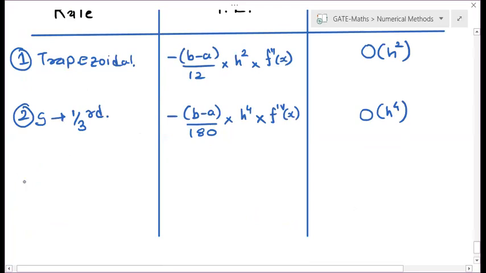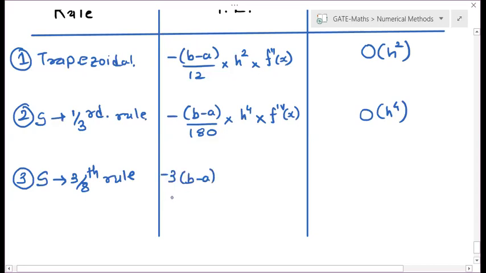And finally, for Simpson's 3/8 rule, it is minus 3 times (b minus a) by 80 into n, right, this is your n, into h to the power 4 into f4x.